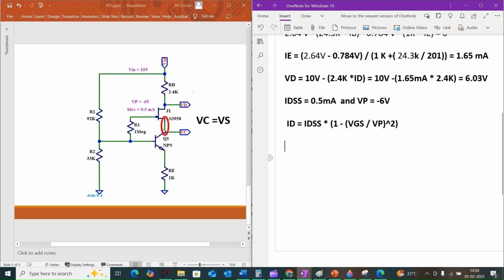Finally, let's find VC, the voltage at the BJT's collector, which is the same as the JFET's source voltage. First, using the base current and Thevenin's equivalent calculated earlier, we can find the base voltage.